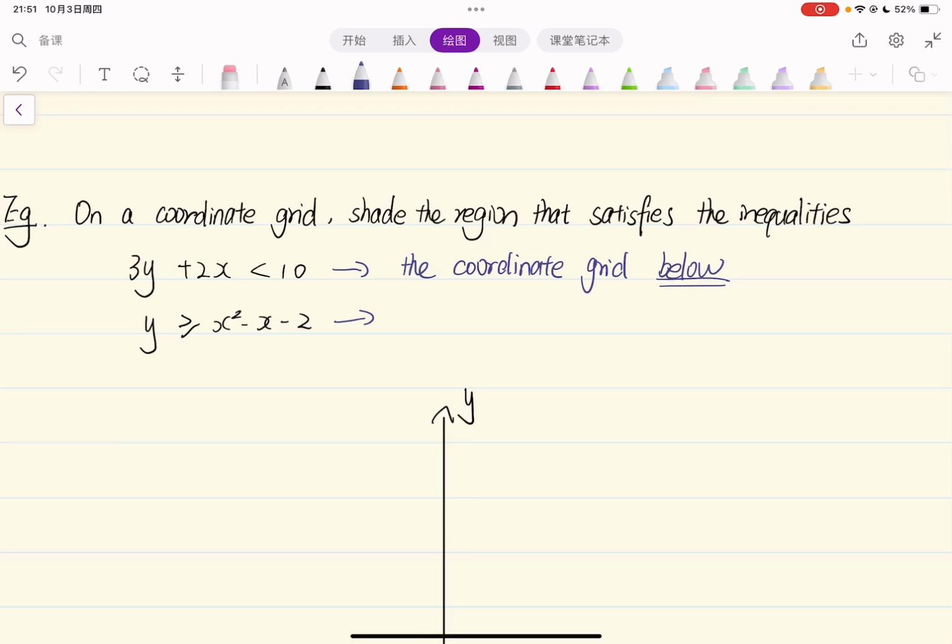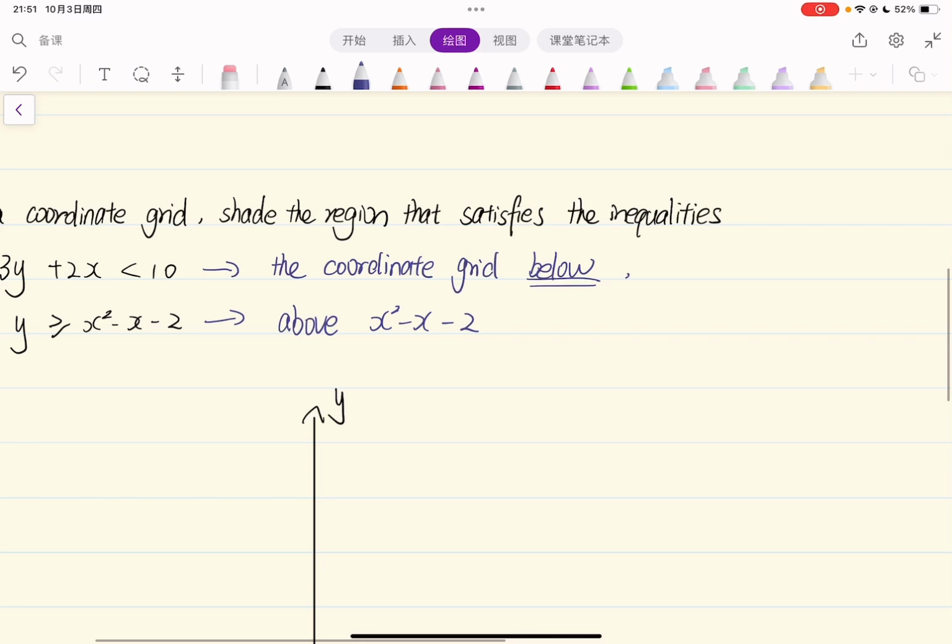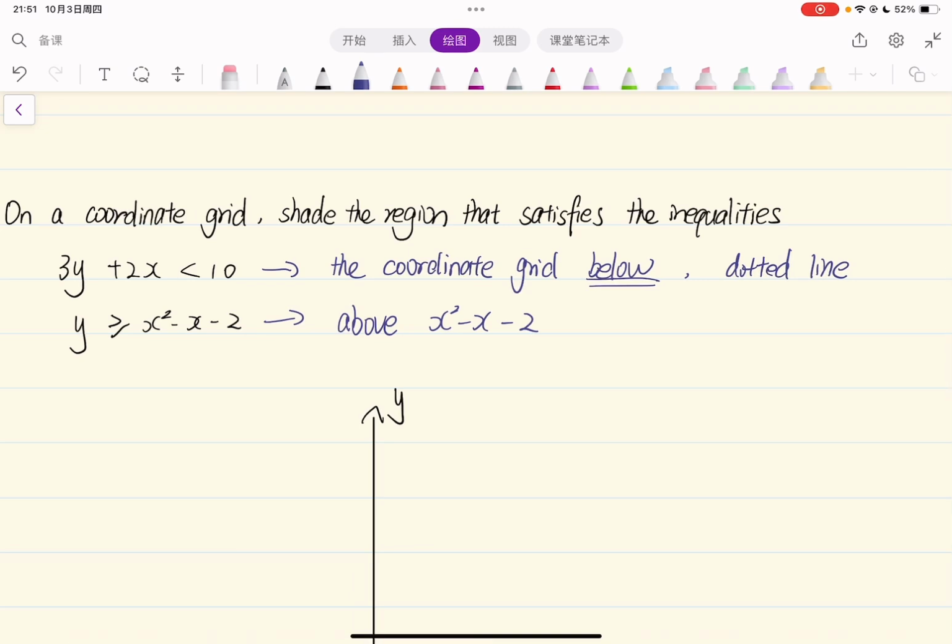For the second, y greater than or equal to, so it's above x squared minus x minus 2. From the first one, it is only less than, so we use a dotted line. The second inequality includes the equal to, which means you need to use a solid line.